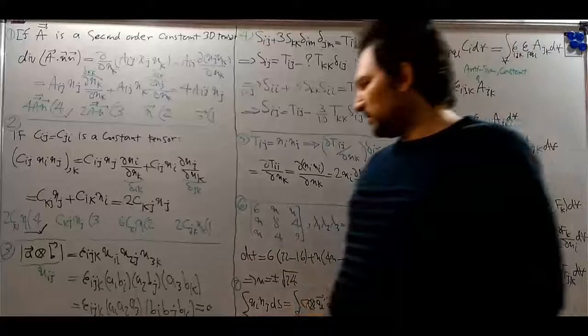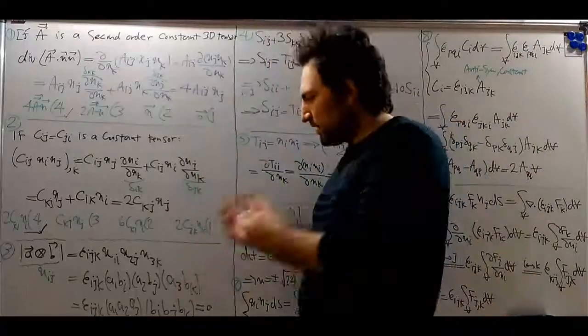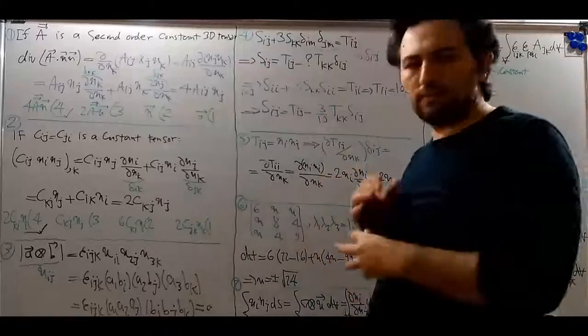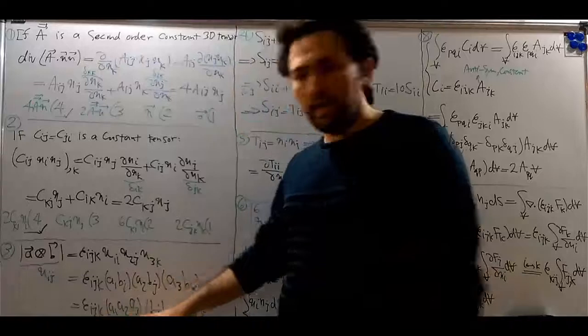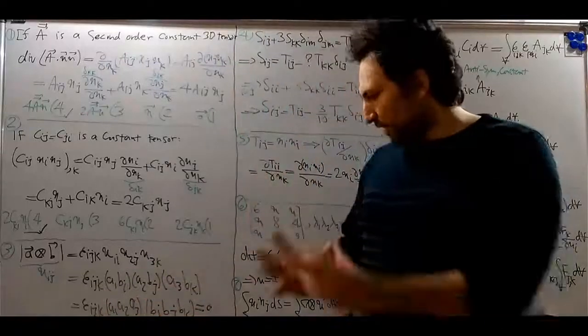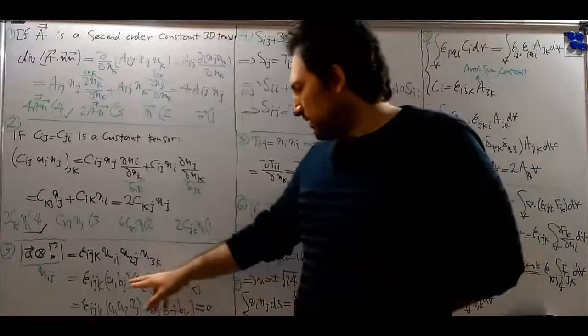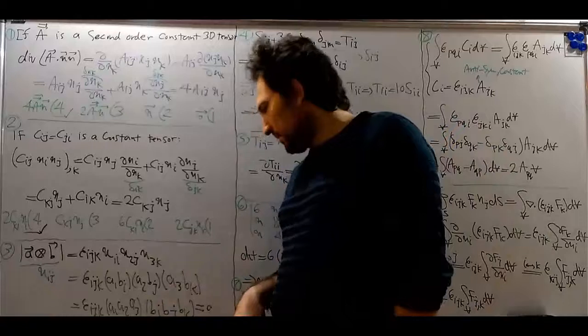These are common products of scalars, so you can change the sequence of multiplication. So I have written a sub 1, a sub 2, and a sub 3 near each other in a bracket, and also b sub i, b sub j, and b sub k in the second bracket.